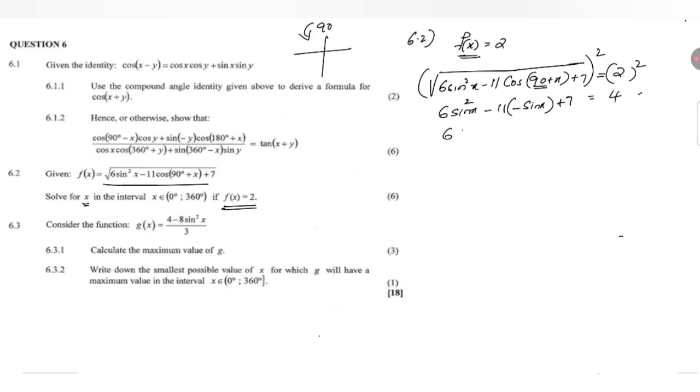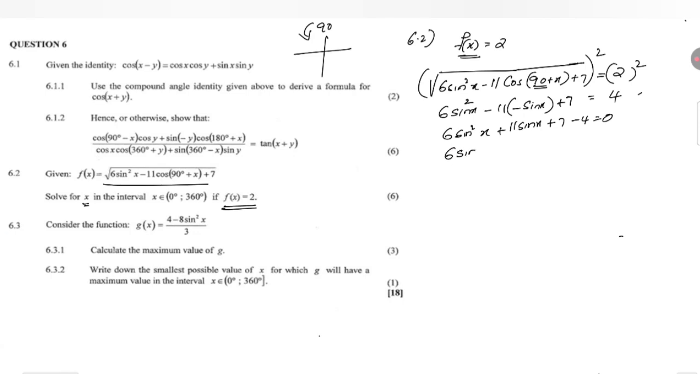Now arrange them. 6 sine square x, now it's a very simple question, plus, minus minus becomes plus 11 sine x plus 7 minus 4 is equal to 0. Let me write it in standard form. That's a mark for that. If you are forming a quadratic equation, write it in standard form, because in the memo 1 mark is for the standard form.